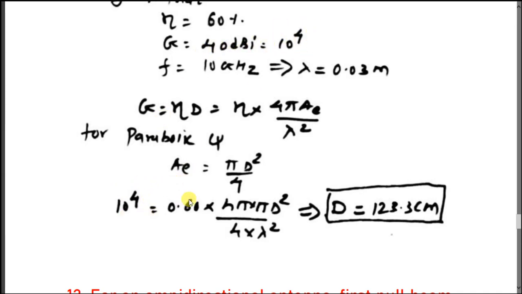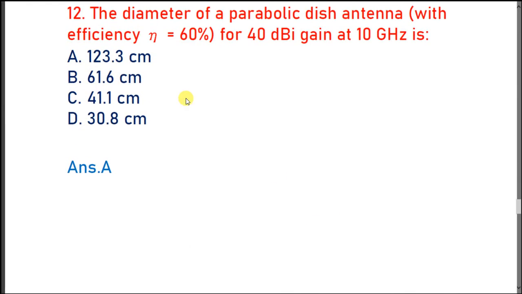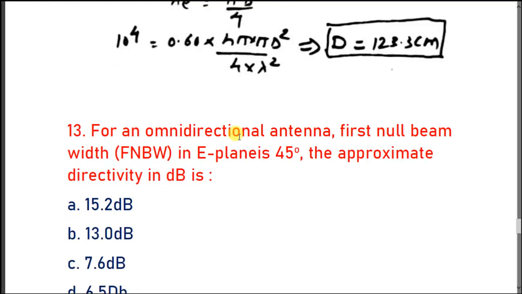So 10 to the power 4 is equal to efficiency, that is 0.60, multiplied by 4 pi AE, that is pi d square by 4, divided by lambda square. So you put the value of lambda, gain and AE and efficiency, and you will get the diameter, that is 123.3 centimeter, and that is equal to answer A. Okay, so this is the answer.